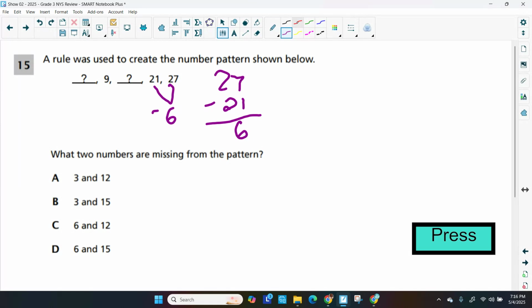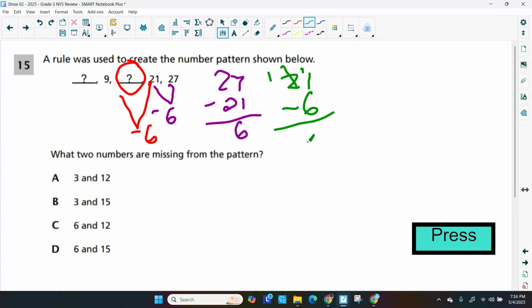So now I'm going to take 21 and minus 6 to get the missing number. 21 minus 6 is 15. So my first missing number is 15, because it looks like the pattern is subtract 6.